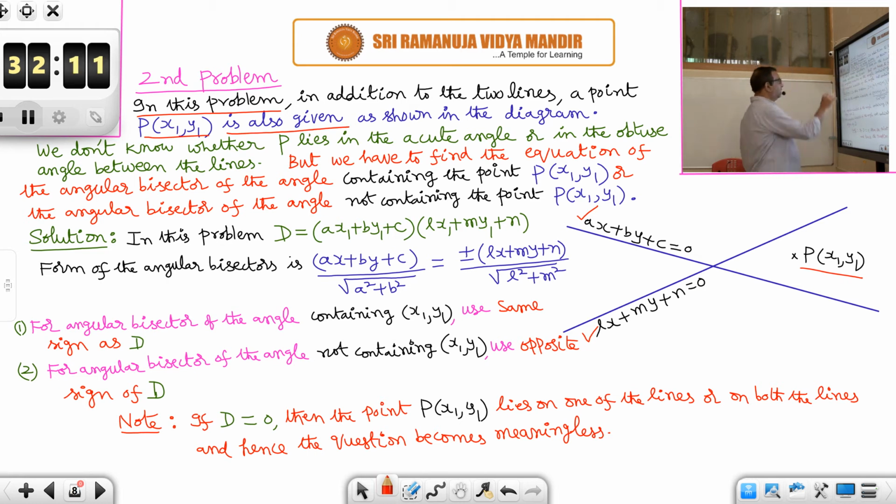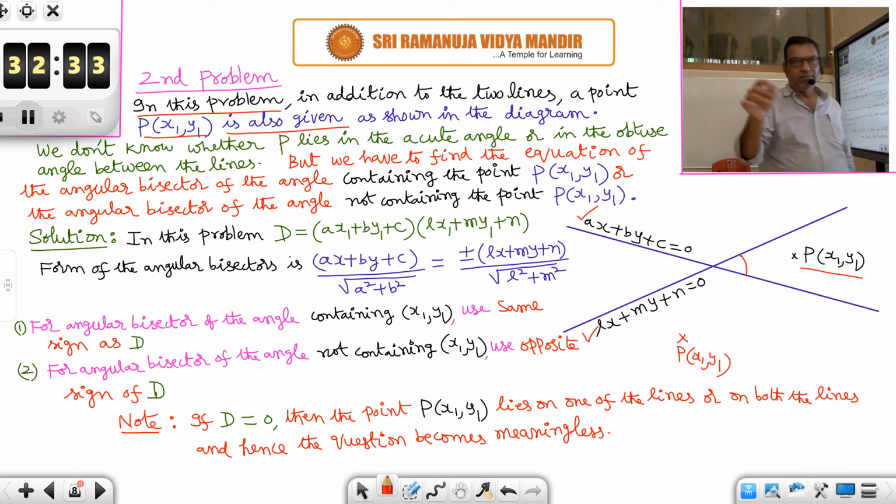Okay, but here, see, read it. We don't know whether P lies in the acute angle or in the obtuse angle between the lines. In the diagram I have shown that it is lying in the acute angle, but we don't actually know. So it may be lying here, some point here may be given, is it not?